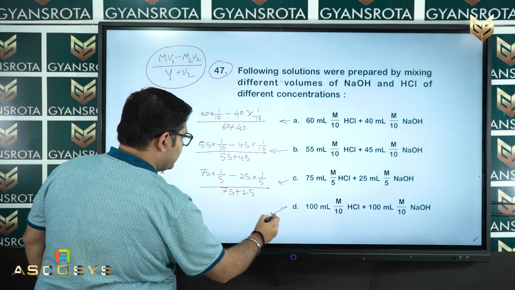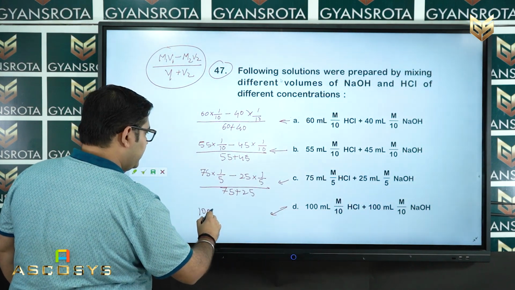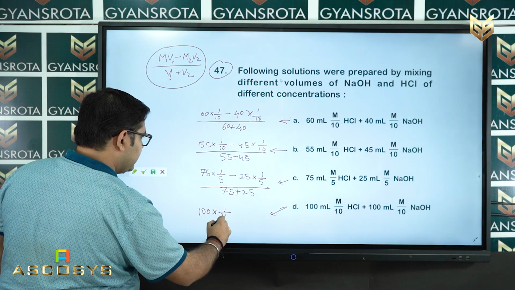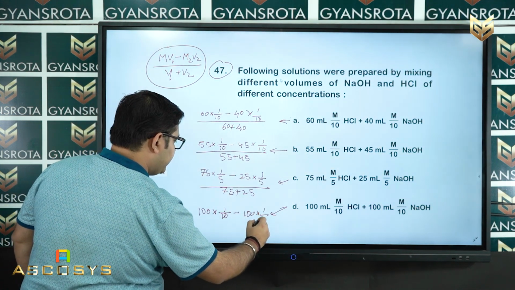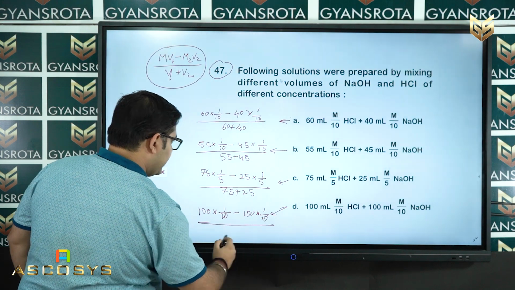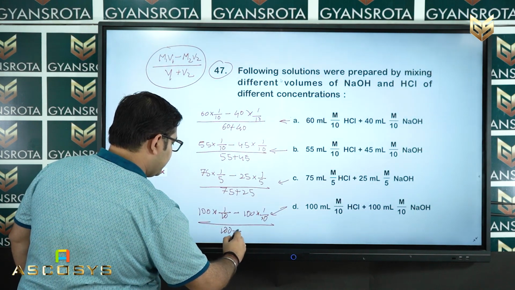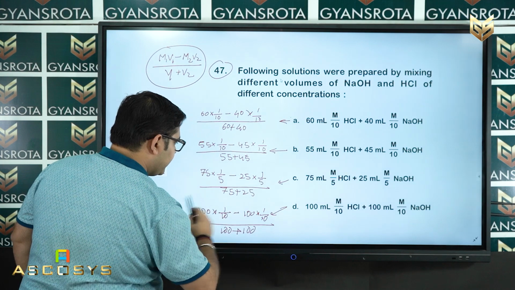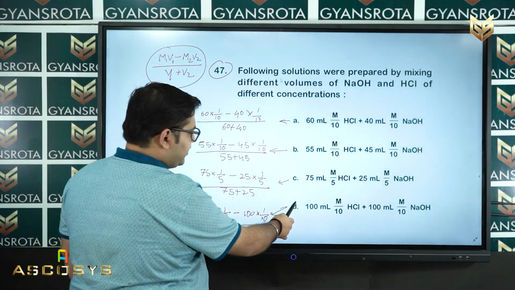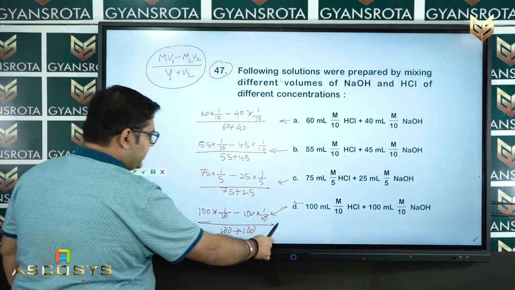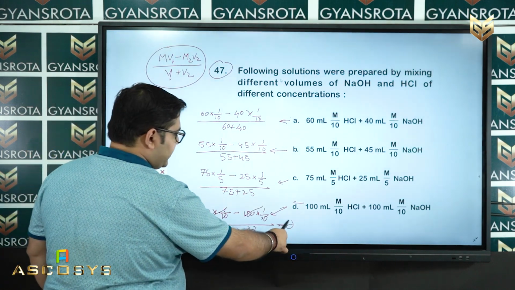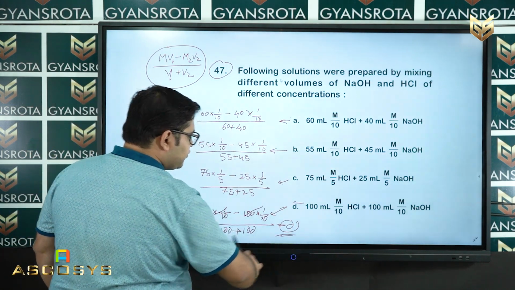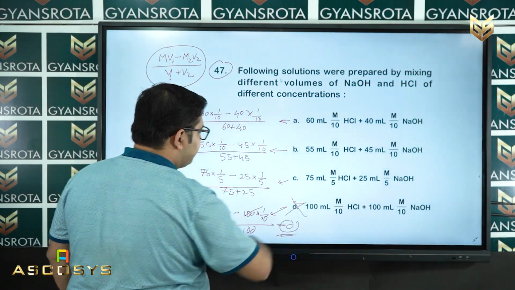For D, it is 100 into 1 by 10 minus 100 into 1 by 10, divided by 100 plus 100. For option D, it will automatically come as 0 because these two terms cancel out, so the pH should not be 1. So, we can neglect the D part.